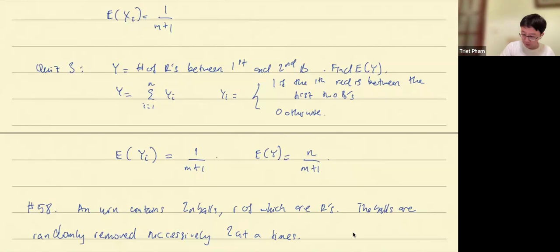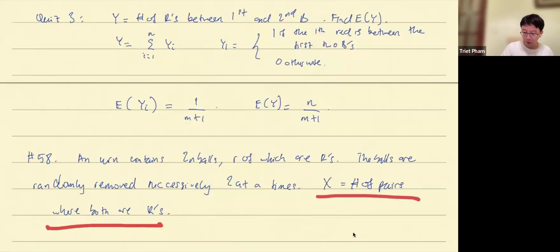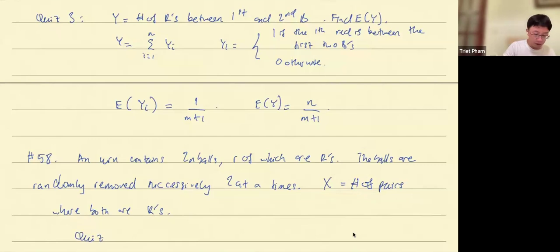And X is the number of pairs where both are red. So you remove 2 balls at a time, and if a pair is red, you note it. The keywords: the total number of pairs where both are reds. Of course, the question is about, let's say, first expectation. What is the expectation of X?